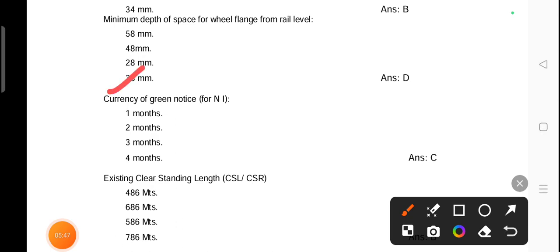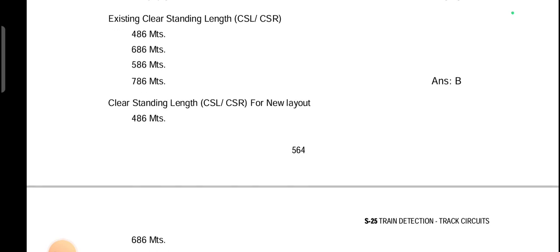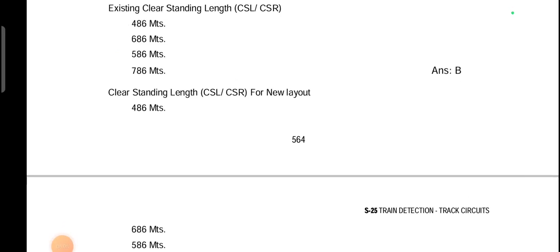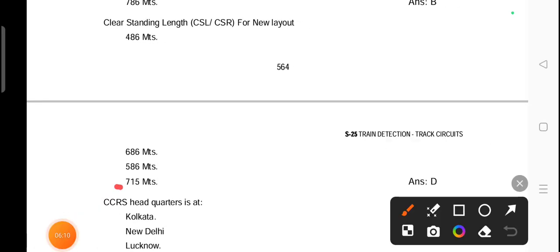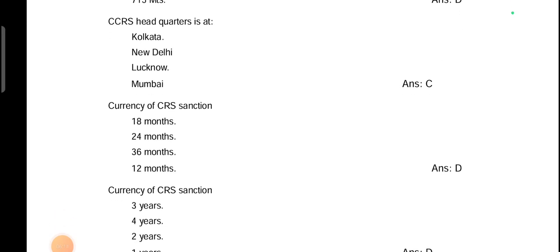Next, currency of green notice for NI: 3 months. Next, existing clear standing length, CSL or CSR: 686 meters. Next, clear standing length for new layout: 715 meters. Next, CCRS headquarter is at Lucknow.